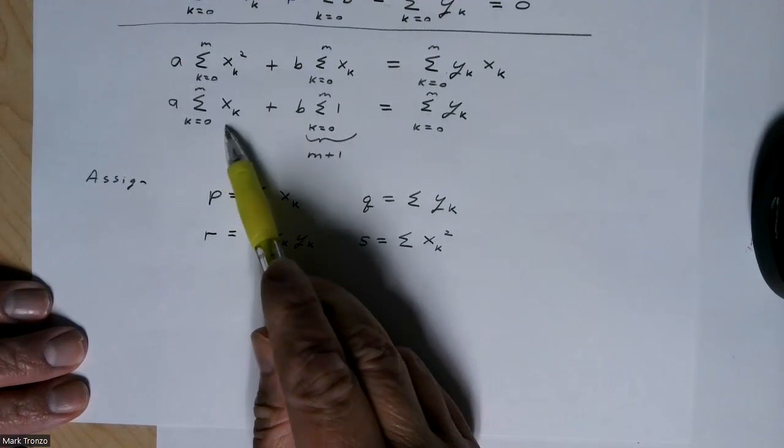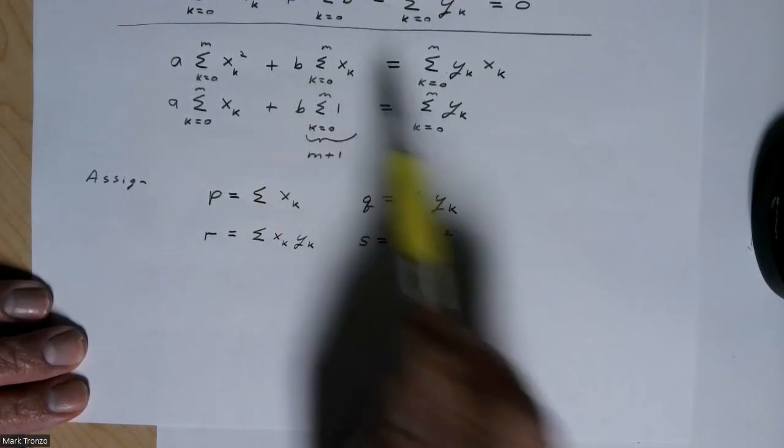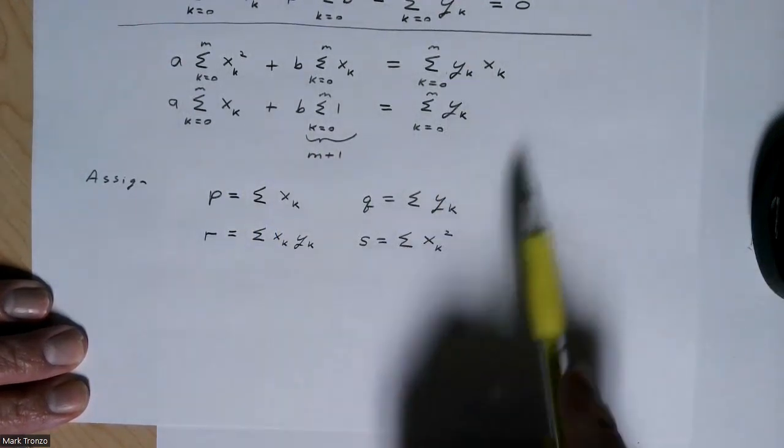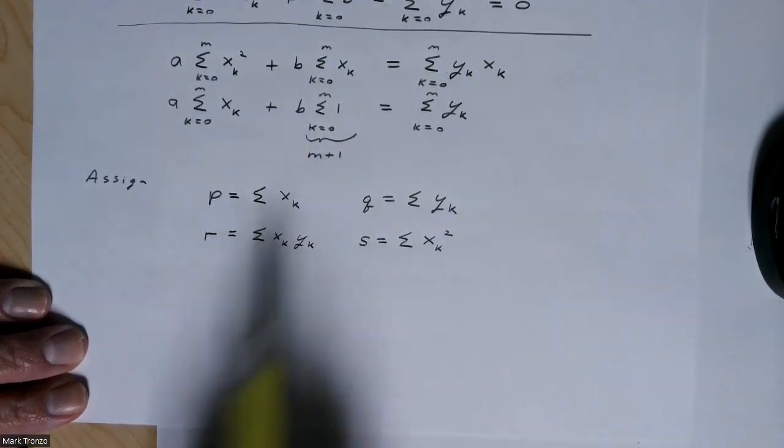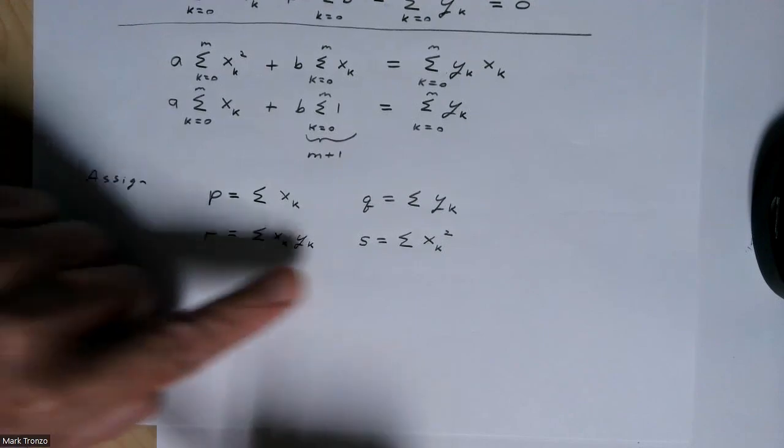And let's see if I got everything. We had an xk here and xk here. And then we had this over here. And now let's replace these with what we have here.